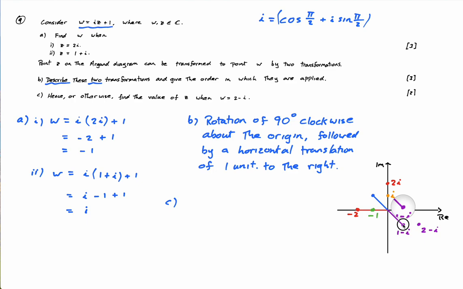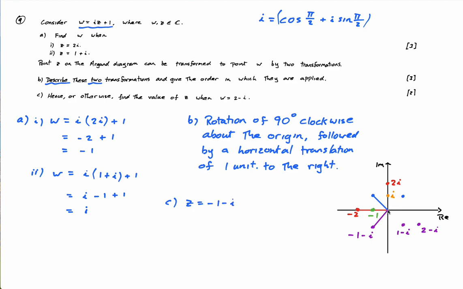So to go from w to z, we're going to rotate it 90 degrees anti-clockwise, which would bring it here. So this is now negative 1 minus i, and that's our answer. The value of z when w is 2 minus i is z equals negative 1 minus i.